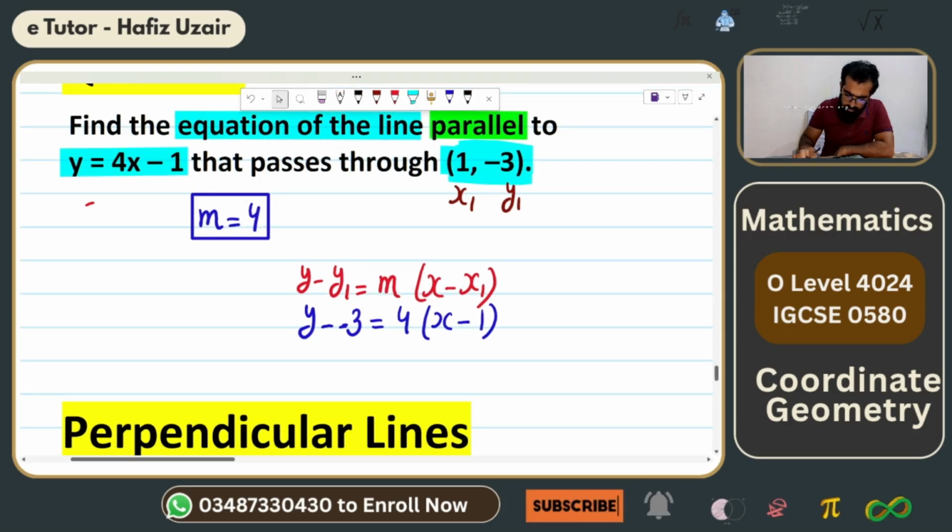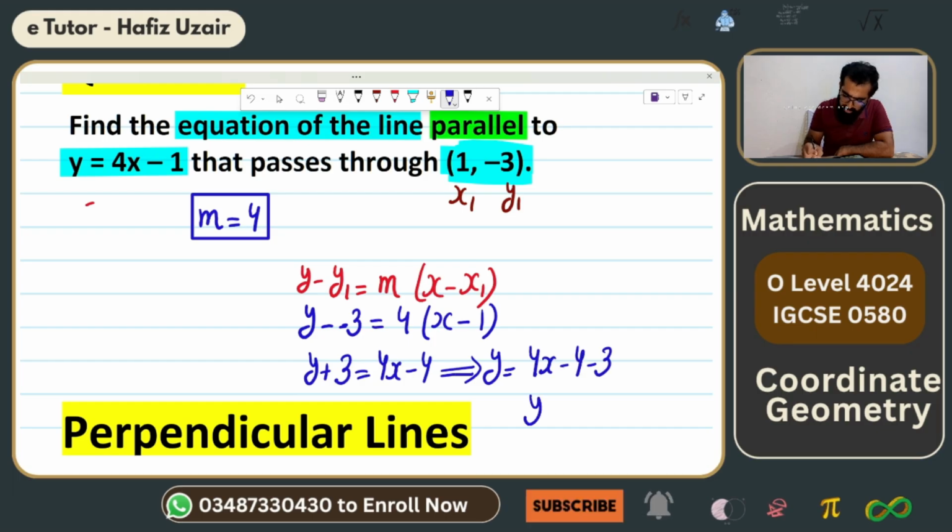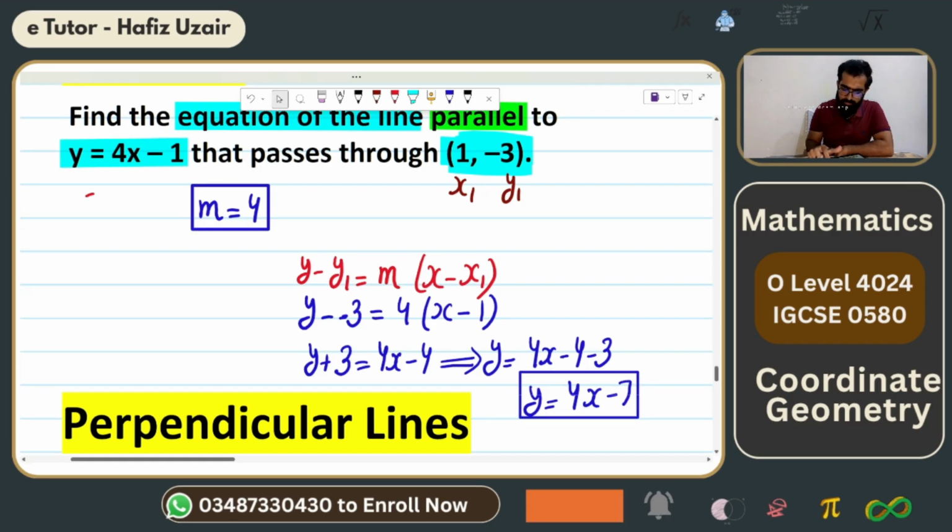If we simplify this, you get y plus 3 equals 4x minus 4. Shift this 3 to the other side, so y equals 4x minus 4 minus 3. So y equals 4x minus 7. This is the equation of the given line.